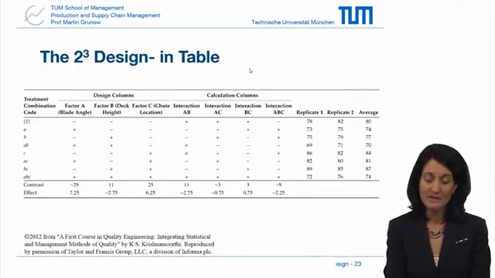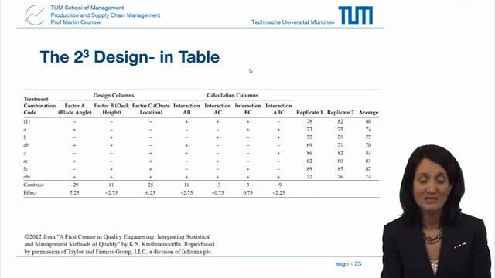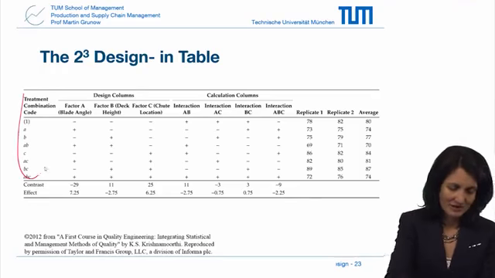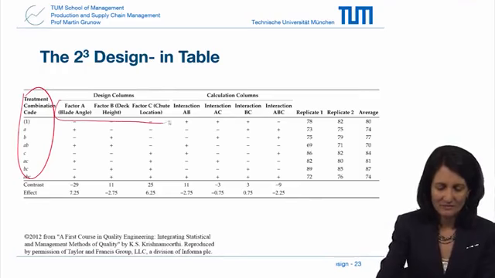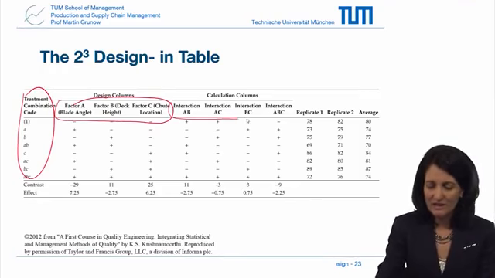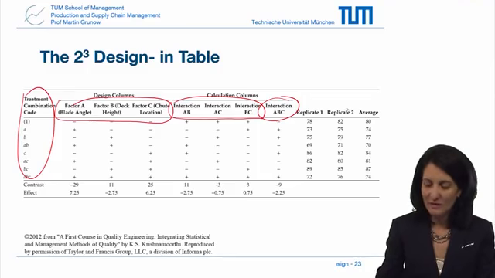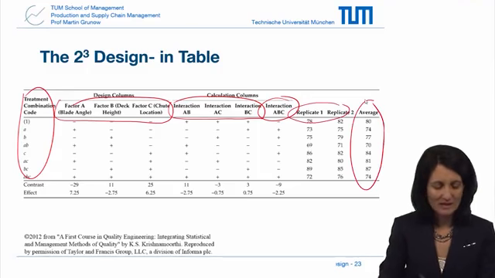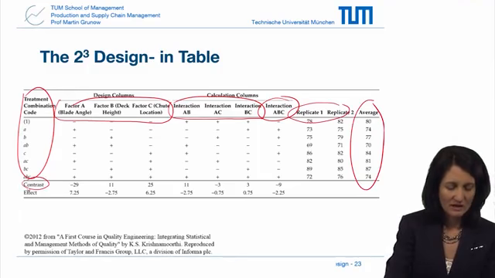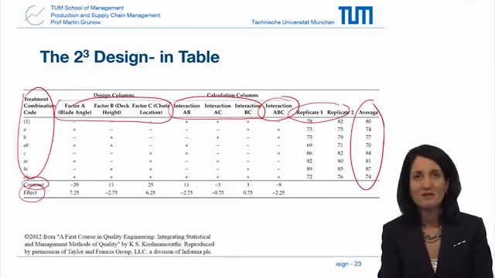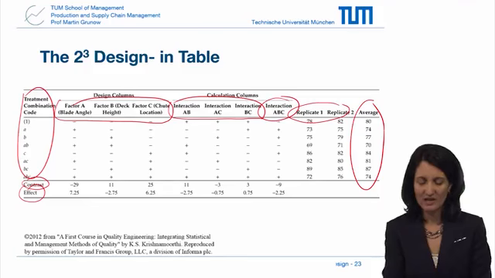We can also, though, create a table, which, with our treatment combination codes, we have the 3 factors, we have the interactions, and including this time an interaction between all 3. We have different replicates, we have responses, and we can calculate the contrast and effect. So there's some details in our textbook on this.